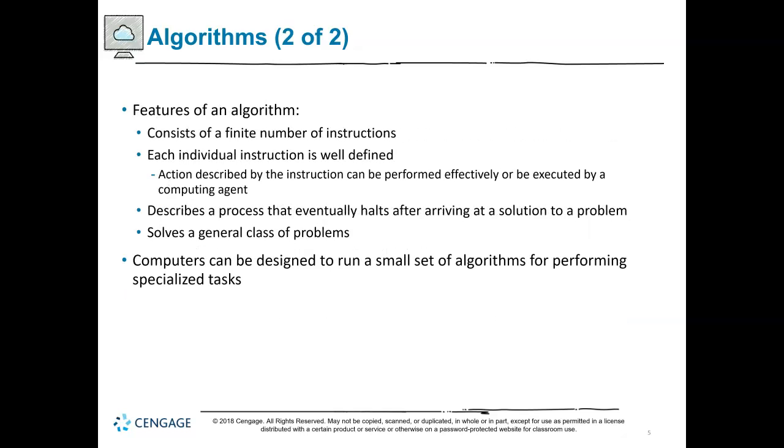So, what kinds of things are in an algorithm? We have a set of instructions. They're well defined, and they solve a process. We do this all the time. I always like to use the example of taking a shower. If you do things out of order while you're taking a shower, it's not going to go very well. If I get into the shower and I still have all my clothes on, that's going to be a problem.